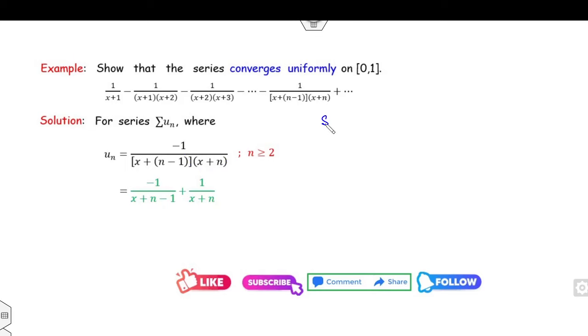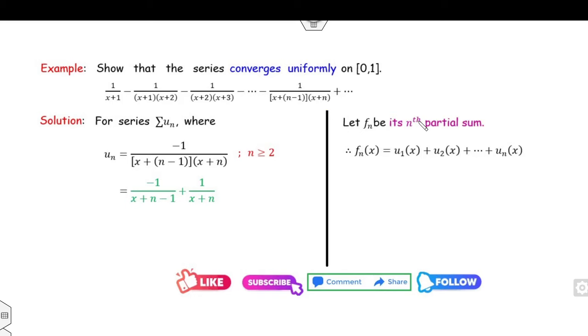Fine. Now we can define step number 1. We define f_n(x), which is defined as u1 plus u2 plus u3 and so on. u1 is 1 over x plus 1. For u2, n starts from greater than or equal to 2, because if you consider n equal to 1, it would be x into x plus 1, but the first term is only x plus 1.